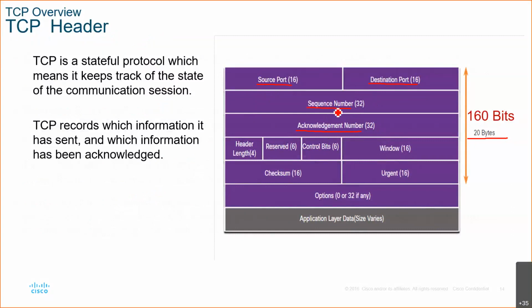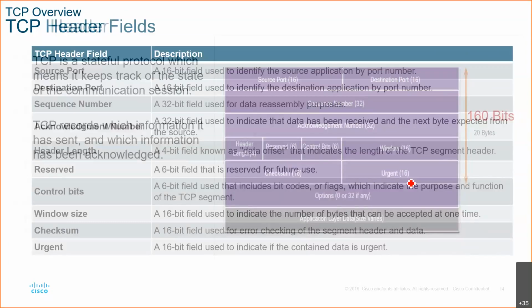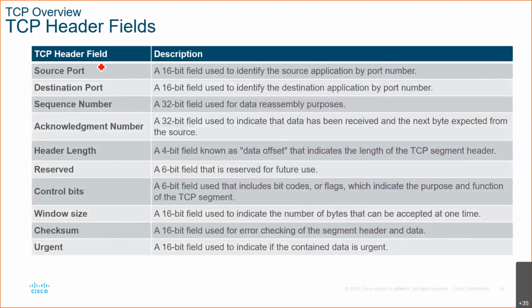Then header length, reserved bits, control bits. We'll be looking at the 6 control bits. Each control bit is associated with a number. The window size, the checksum to make sure that data is sent correctly, an urgent flag if your message is urgent, and so on. The details are given here. These are the header fields: source port, destination port, control bits, urgent, and so on.